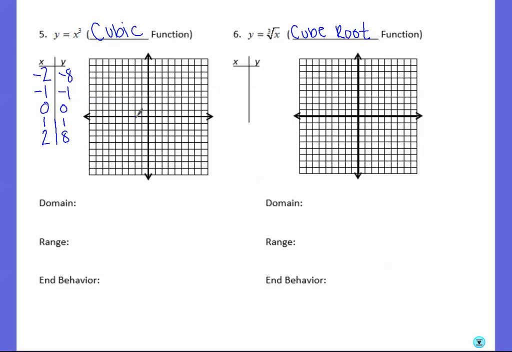So (-2, -8), (-1, -1), (0, 0), (1, 1), and (2, 8). This function is going to look kind of like a sideways S.